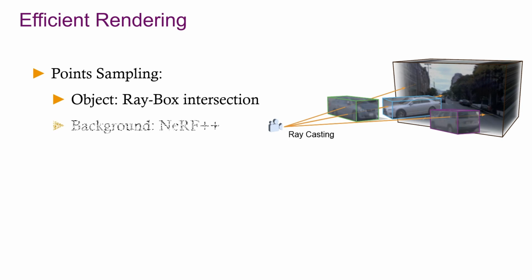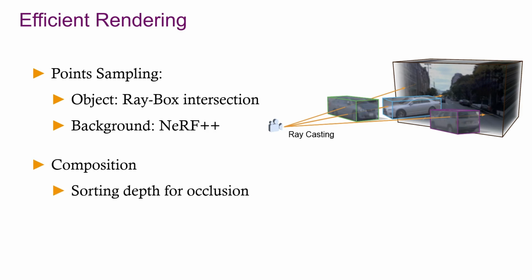For bounded indoor backgrounds, such as 3D Front and Clevr, we use fixed depth sampling, while for unbounded outdoor scenes, we inherit the inverse parametrization of NeRF++. When performing volume rendering on objects, we sort depth to process mutual occlusion and use alpha blending to composite object and background maps via the alpha parameter of the last points in foreground objects, assuming that objects are always in front of the background. Our framework includes two discriminators for GAN training.